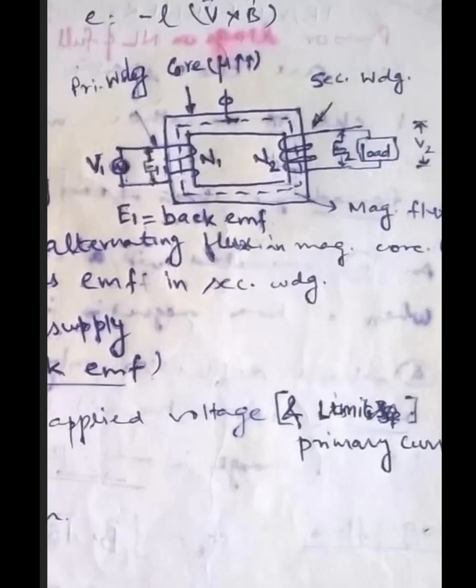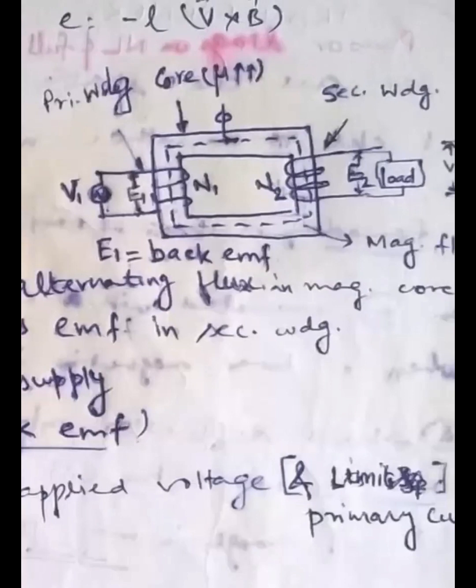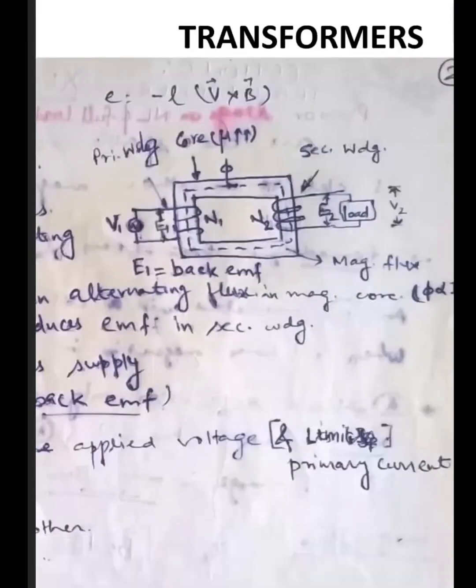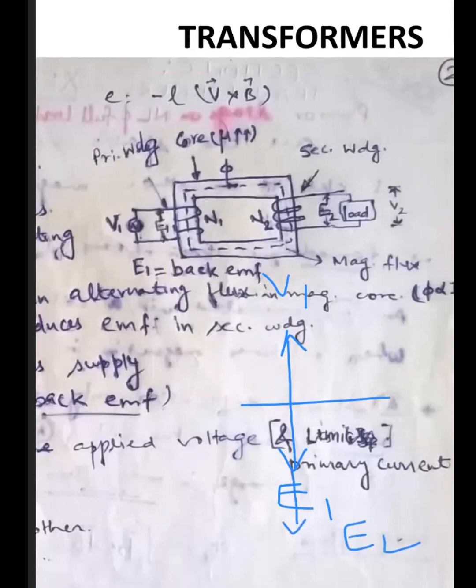Okay, and E2 and V2. Since E1 opposes the applied voltage, if we are representing by the phasor, then E1 is here, so V1 is here, and E1 and E2 are in phase, so again E2 is here, and E2 and V2 are also in phase, so again V2 is here.